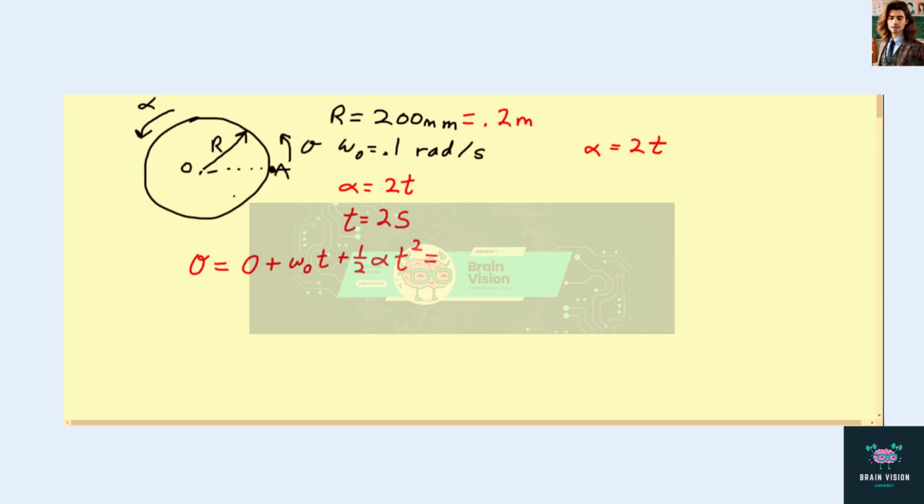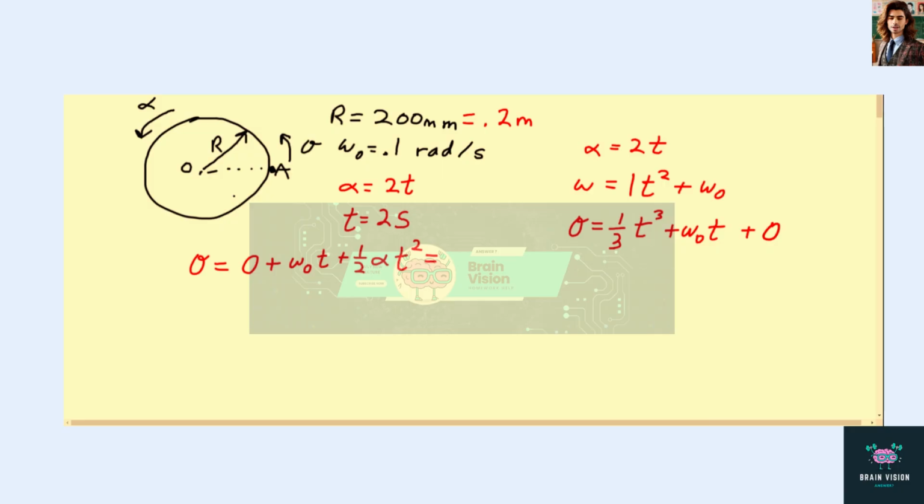If we integrate the angular acceleration, we get the angular velocity, which will give us 1 times t squared plus that initial angular velocity. If we integrate this again, we'll get the position, which will then be 1/3 t cubed plus that initial angular velocity times the time plus our initial position, which is just 0.